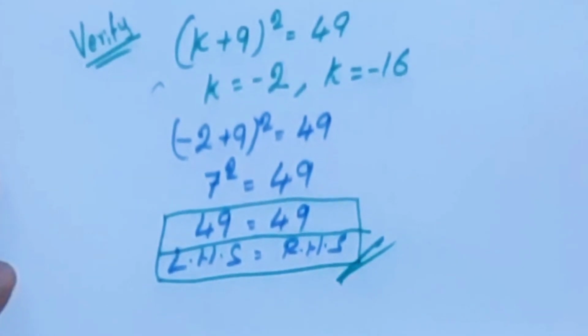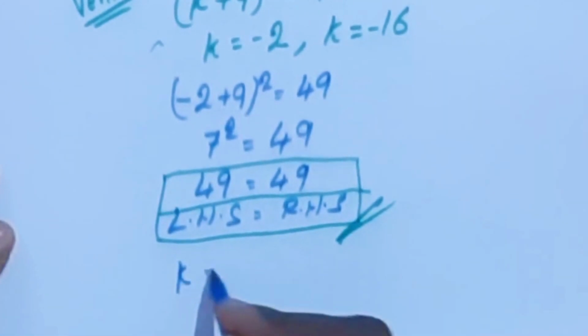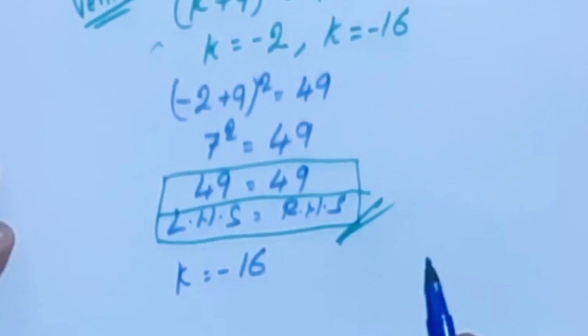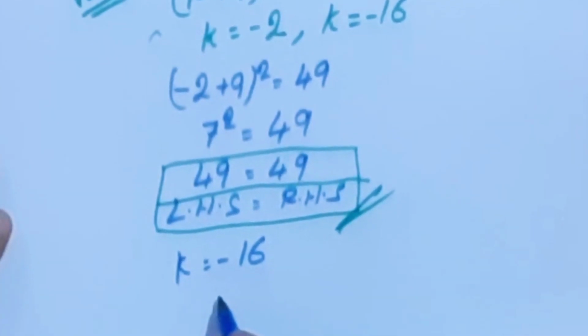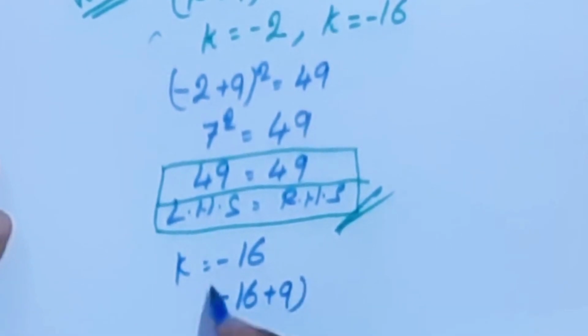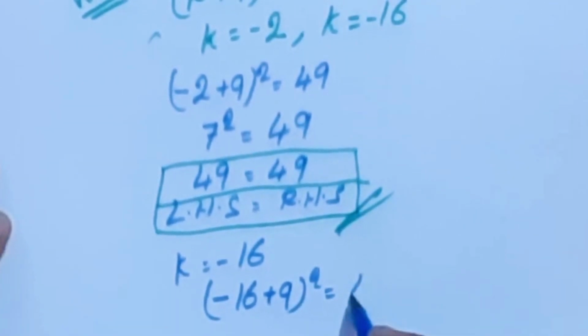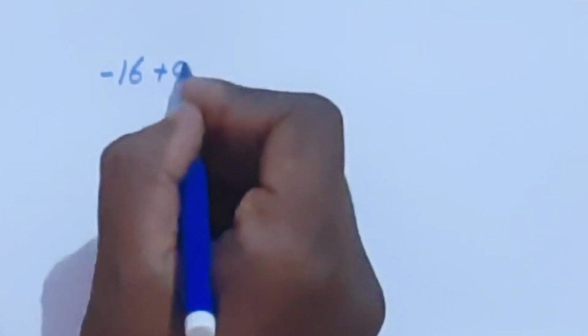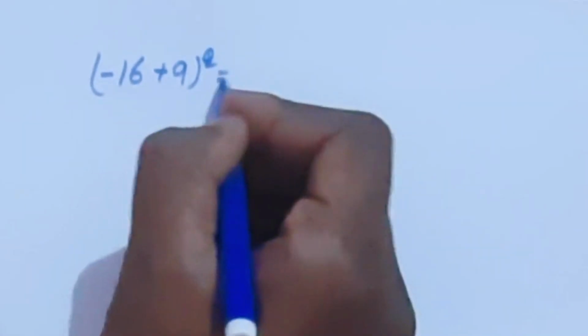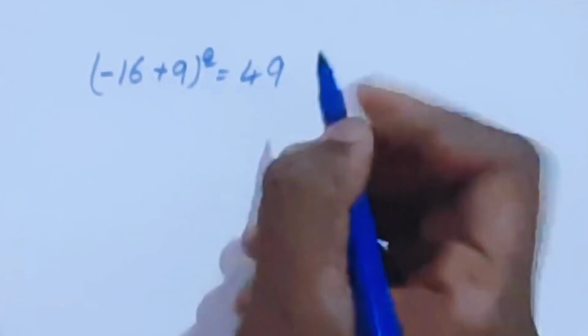Now we are going to verify for k equal to minus 16. Applying this here, (-16 + 9)^2 equal to 49.